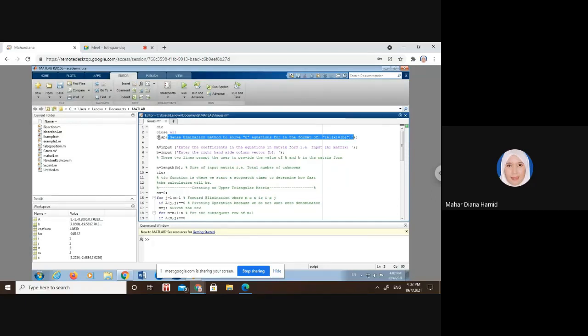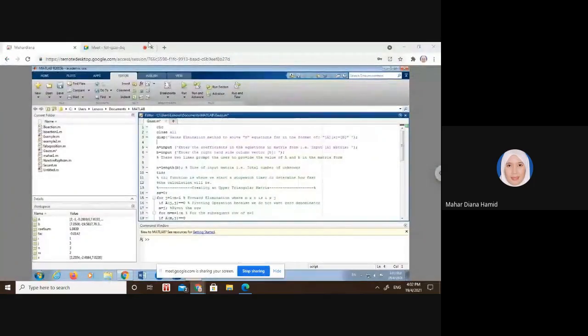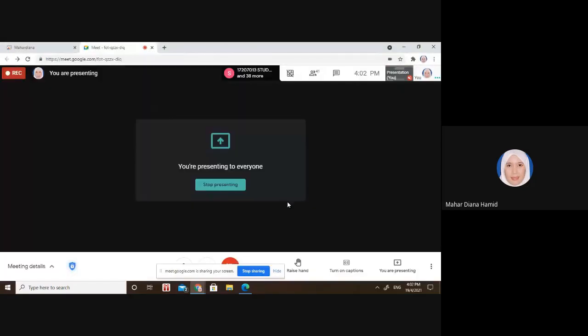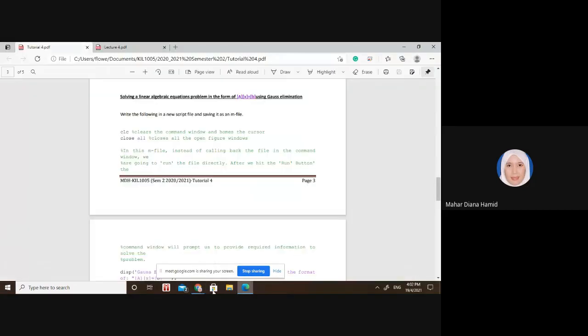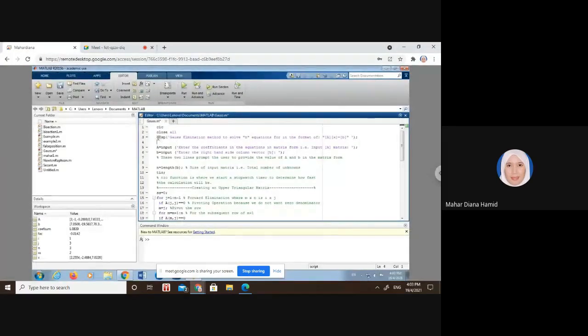This DISP is the syntax for display. You are telling MATLAB to display these words in the purple colored font.